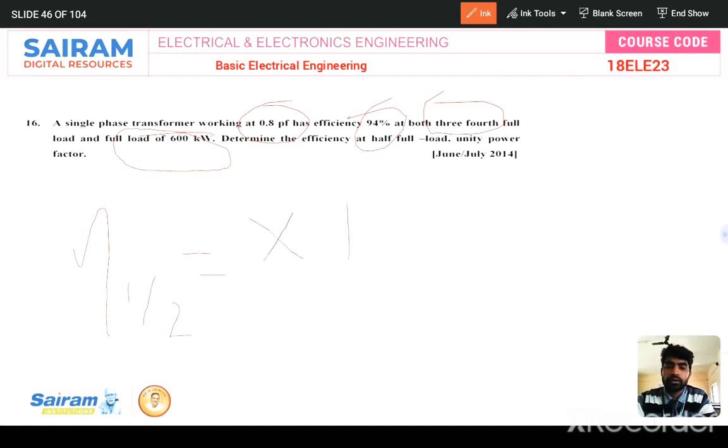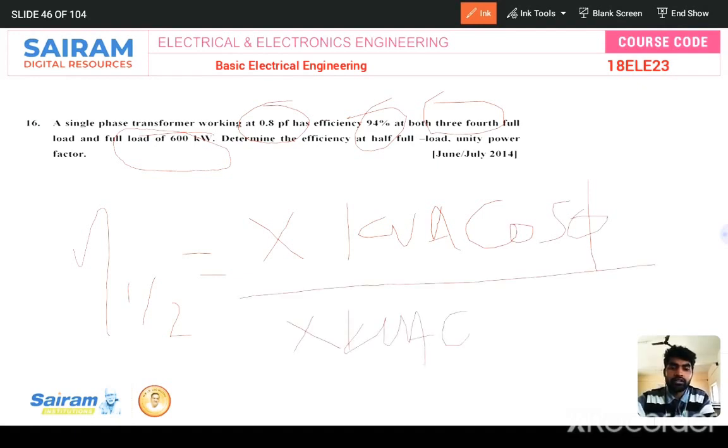We need to calculate efficiency at half full load, right? X into kVA into cos phi divided by X into kVA cos phi plus Wi plus X square WCU. So what are the unknown values in this formula?